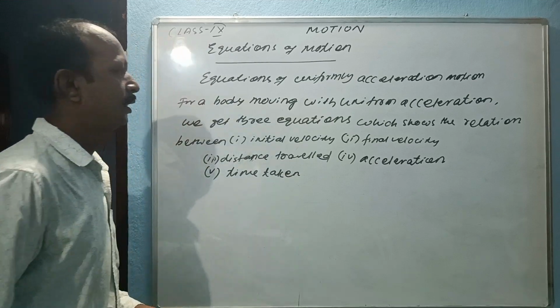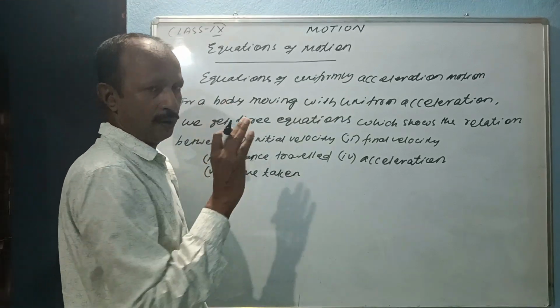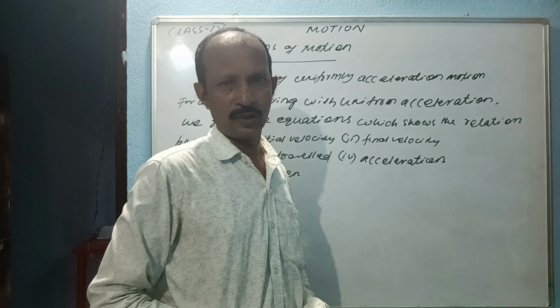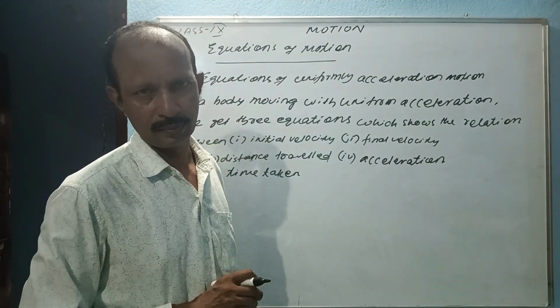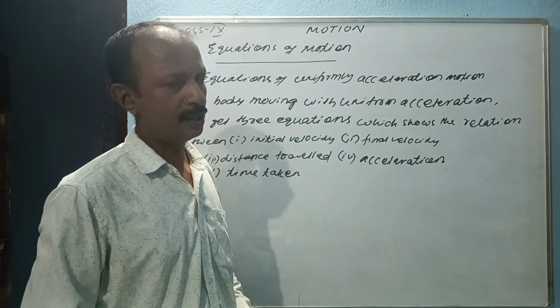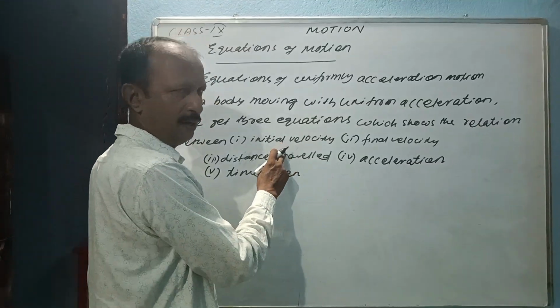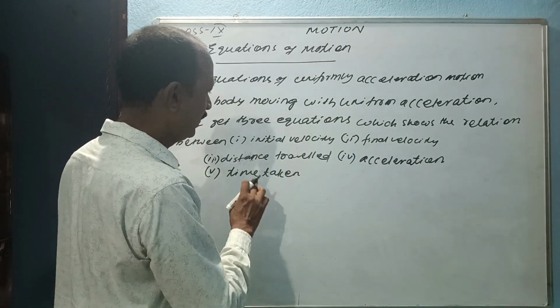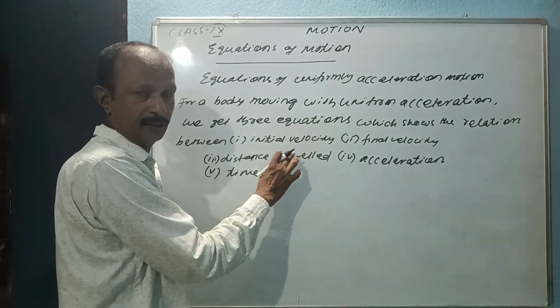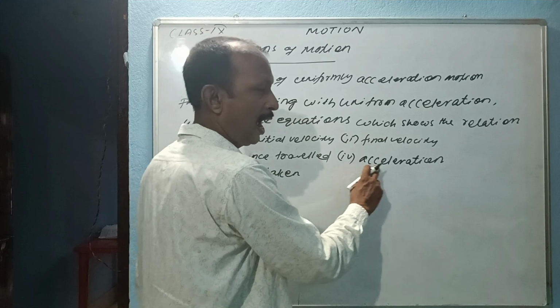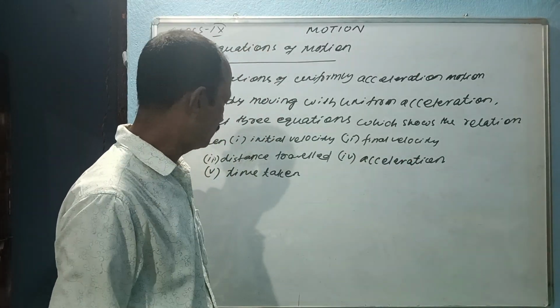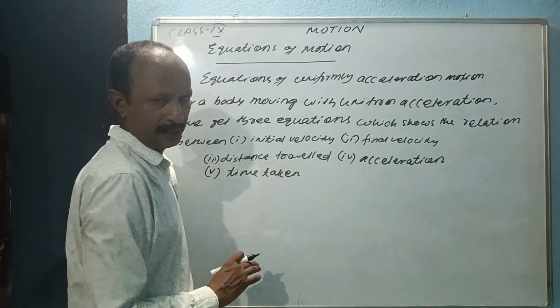See here. For a body moving with uniform acceleration, we get three equations. Those equations establish a relationship between initial velocity, final velocity, distance traveled in a particular direction, you can say the displacement, acceleration meaning uniform acceleration, and time taken.